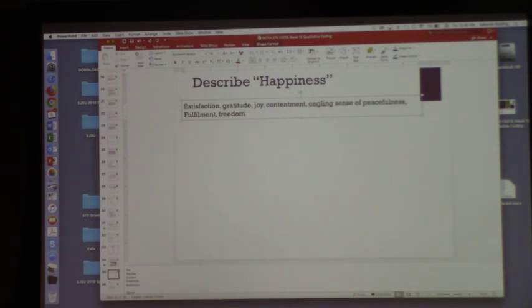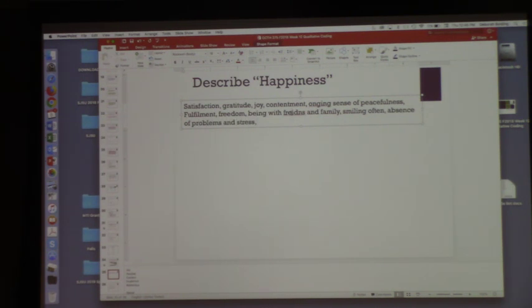Okay, somebody in the back here. Being with friends and family. Smiling often. Absence of problems and stress. Okay, a few more.